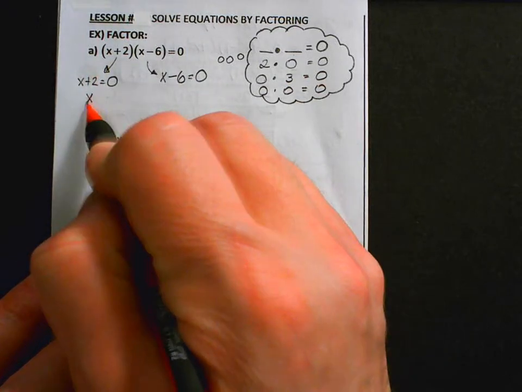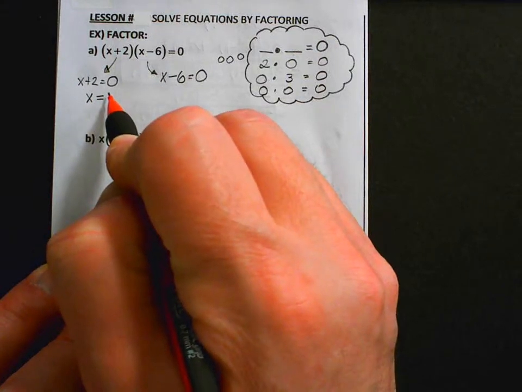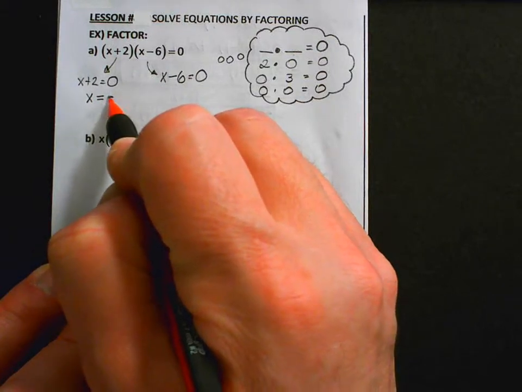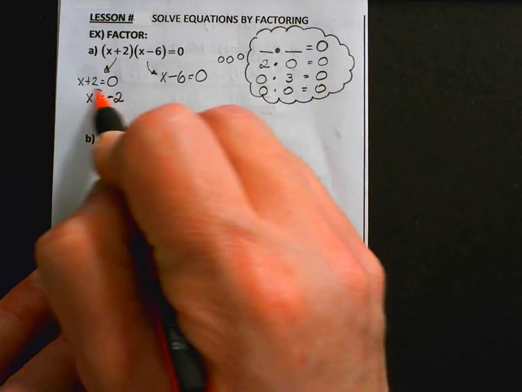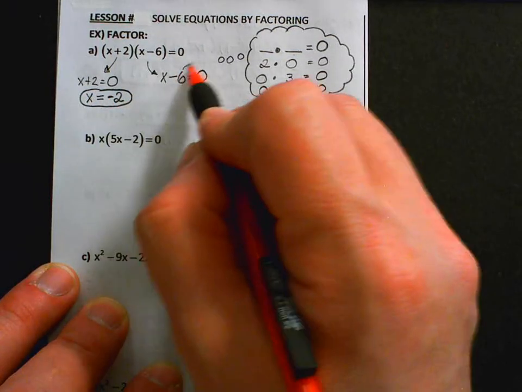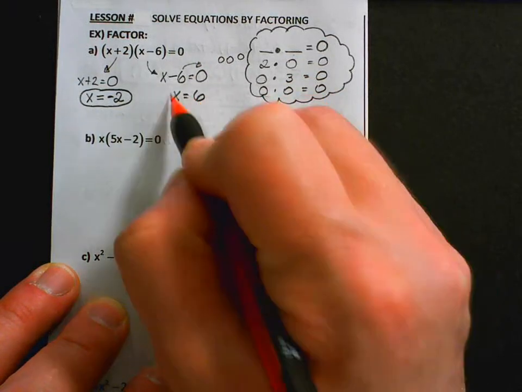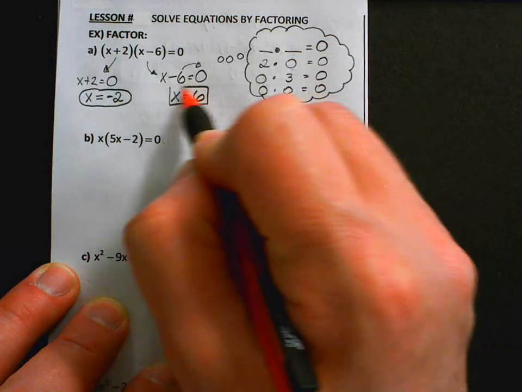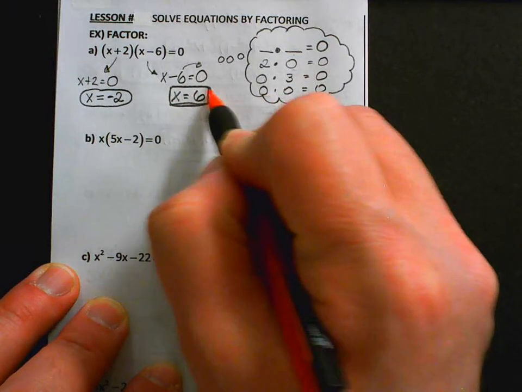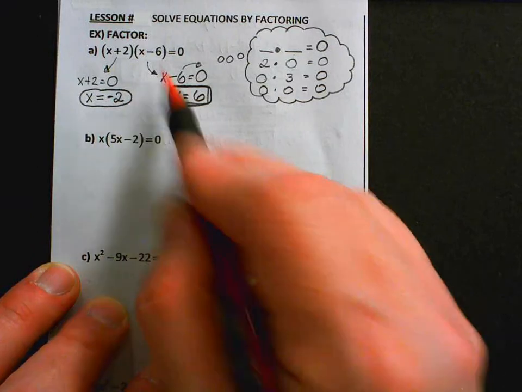I'm going to move the 2 to the other side, and whenever you move sides, the sign changes. So this becomes negative 2. And here the 6 moves, so x equals positive 6. Very well, so those are my two answers for this problem.